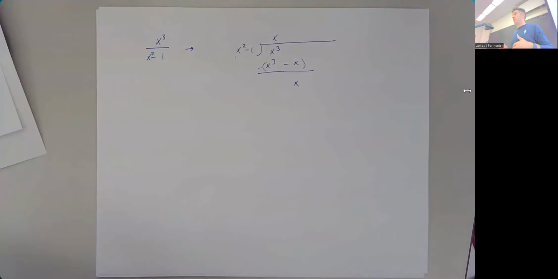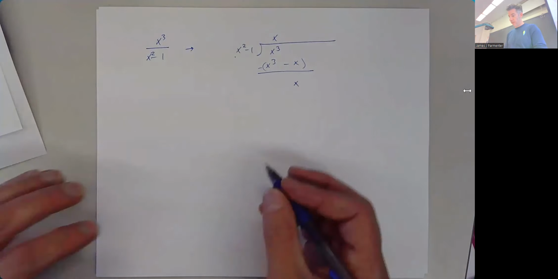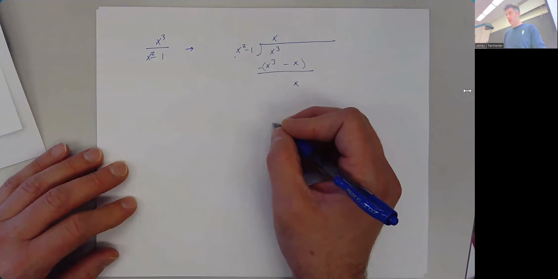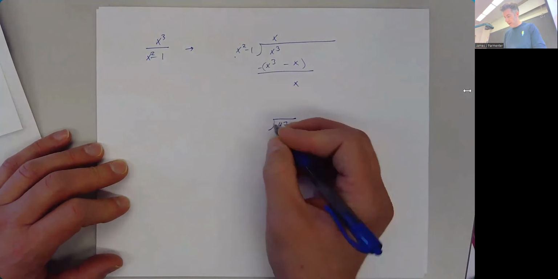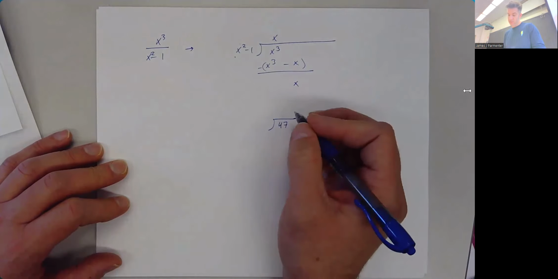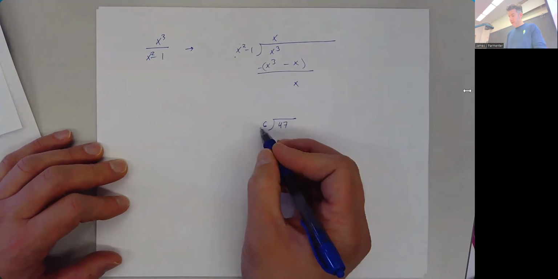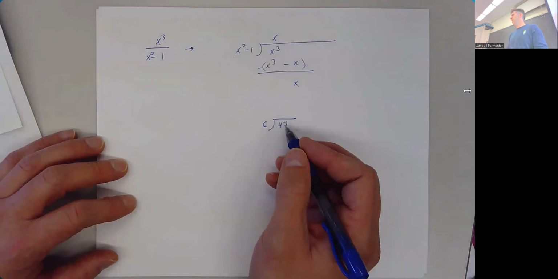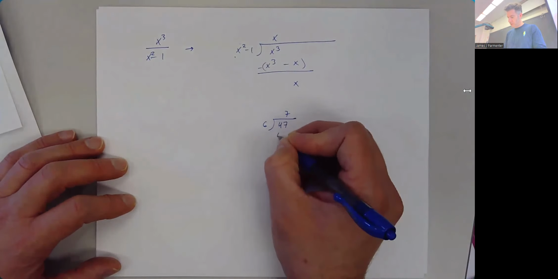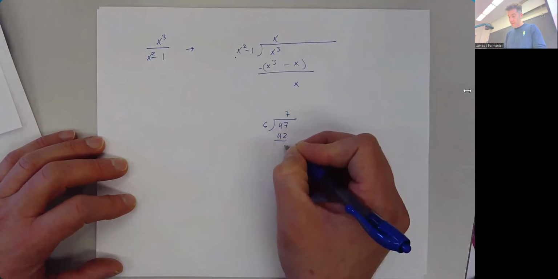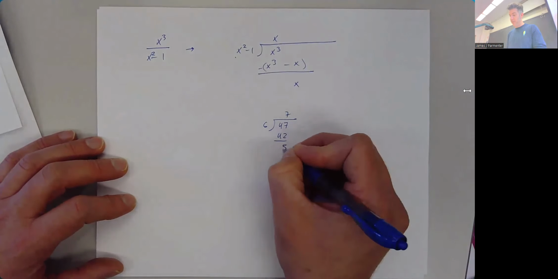Just like when you do actual division, for example, let's say you did 47 divided by 6. 6 goes into 47 seven times. Sounds right. 7 times 6 is 42. 47 minus 42 is 5.